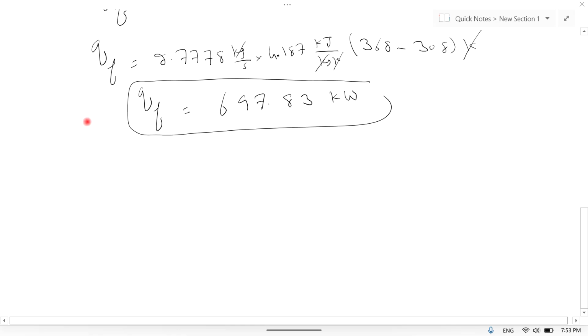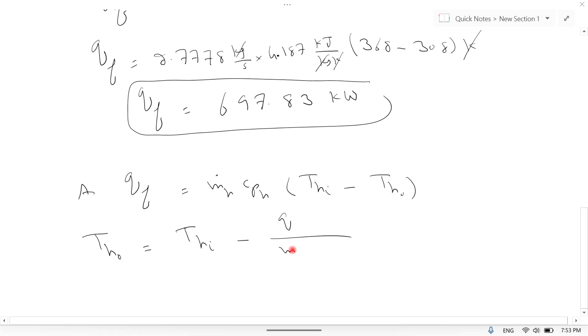Now we find the temperature of hot water outlet, because due to scaling, the temperature of the hot water outlet will also change. So we know that QF is equal to m dot H CpH into the temperature of hot water inlet minus the temperature of hot water outlet. Rearranging like in problem 11.14, THO is equal to THI minus Q divided by m dot H times CpH.